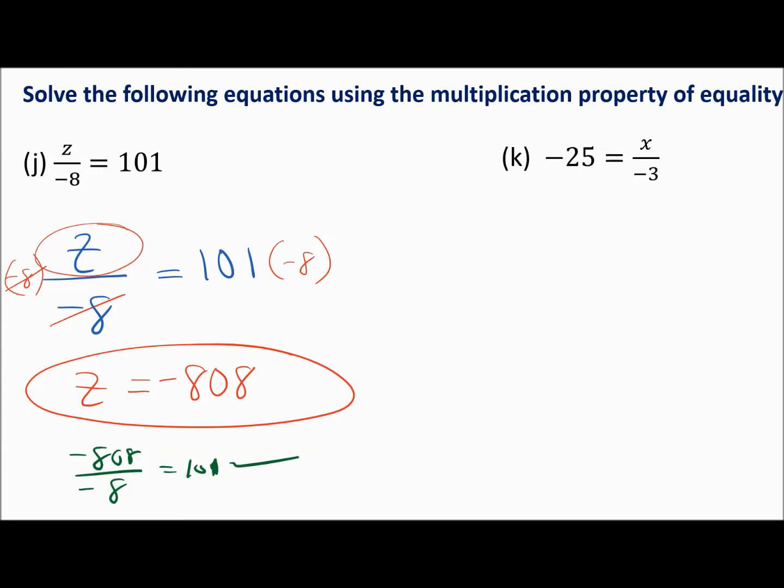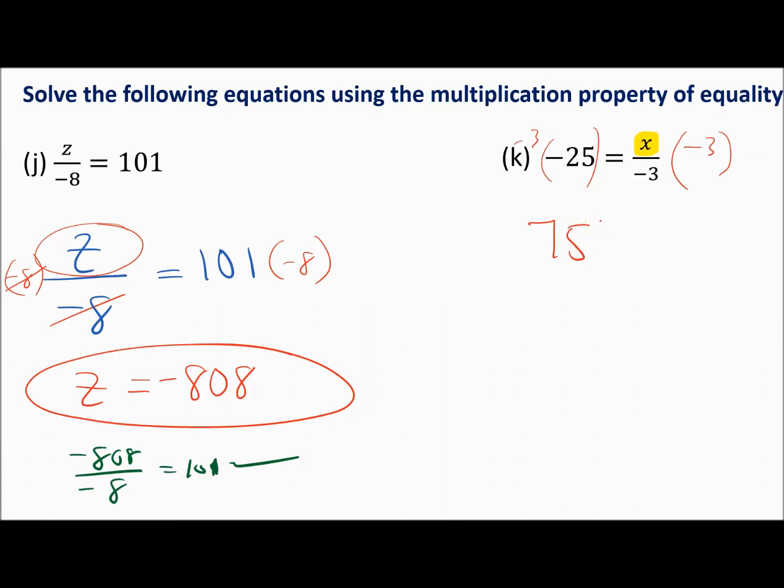This is different only because my variable's on the right. Is that okay? It certainly is. I still have to isolate it. So I'm going to multiply the right side by negative 3 and the left side by negative 3. And then negative 3 times negative 25 on the left is a positive 75.